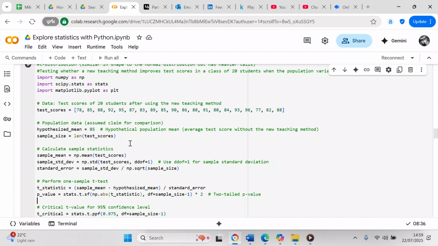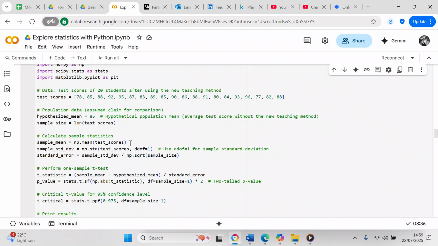The sample size in this instance is 20, so it's going to be 19. Then we multiply that by 2 to give you a two-tailed p-value.